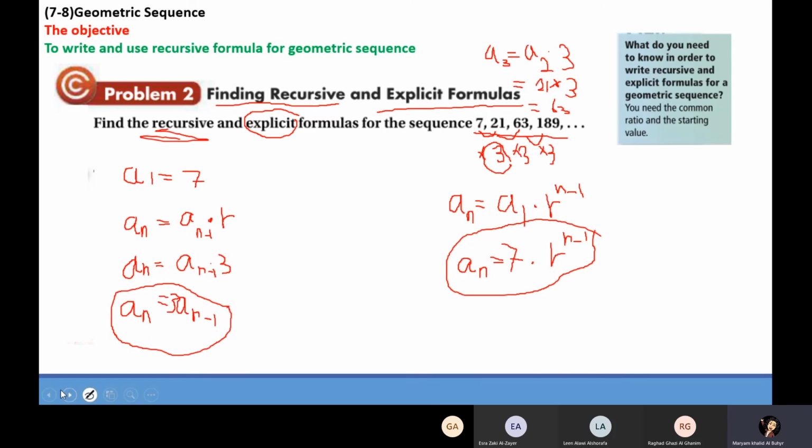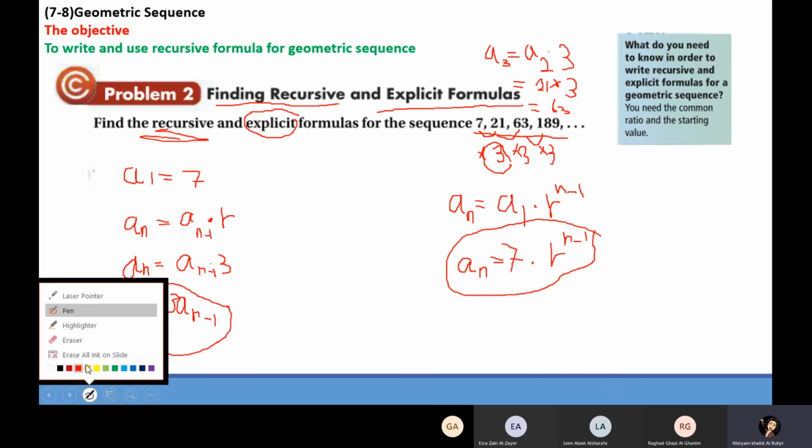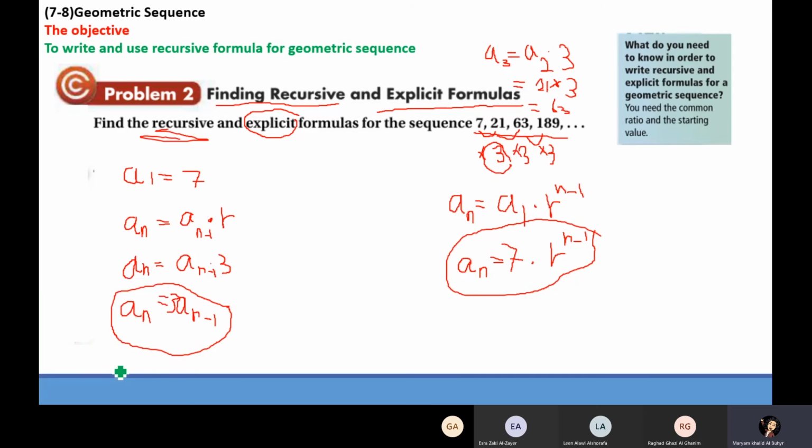I'm talking about the general form. What about if I, for example, tell you to find the fourth term?